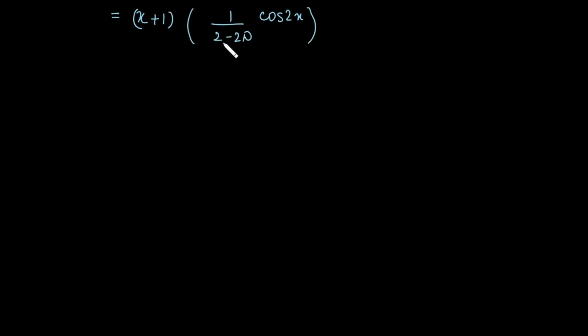In the next step, we need to remove D from the denominator. For that, we need to create a D squared in the denominator. So what we will do: we have an a minus b term, so we multiply by a plus b in the numerator as well as the denominator, so that we get a squared minus b squared, and automatically D will get removed from the denominator and we have D squared in the denominator.